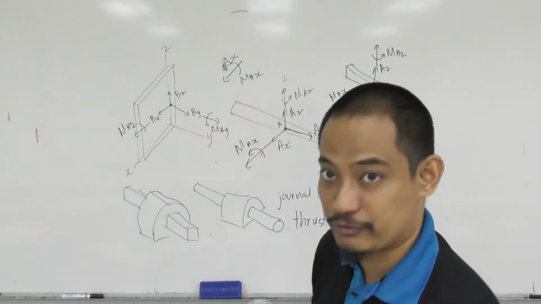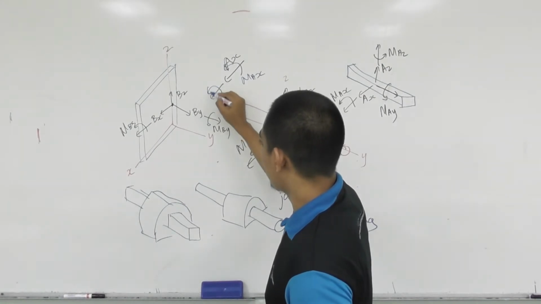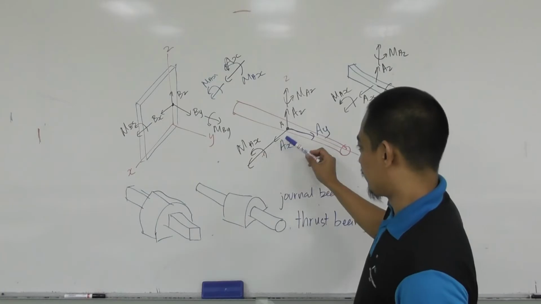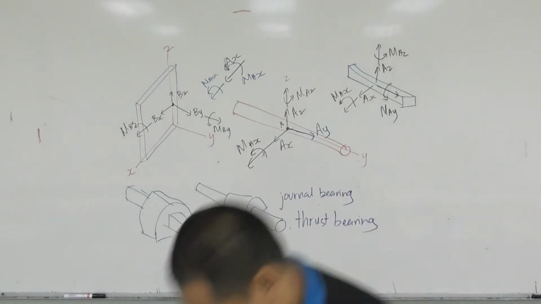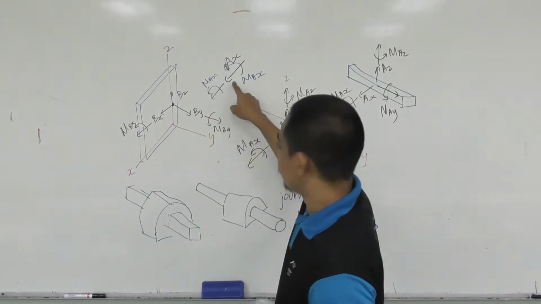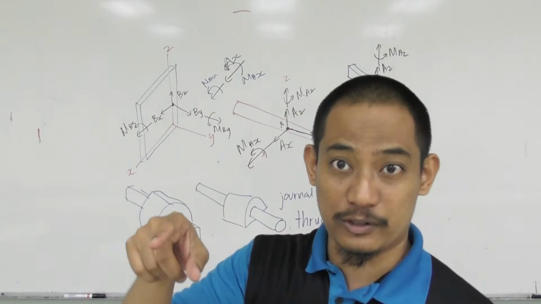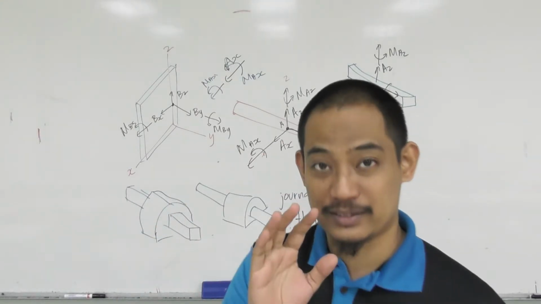For the moment you have to hold your own thumb, so it's here. Hence, in the drawing you have to separate force and moment, right? If you occupy like this, for example, the moment actually occupies the force, then the free body diagram is wrong, right? So make sure you understand that.